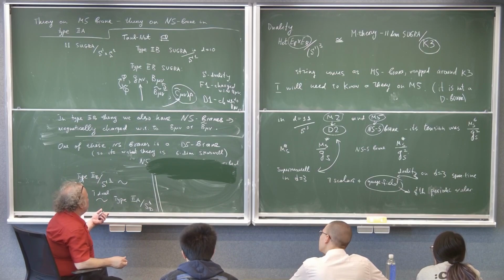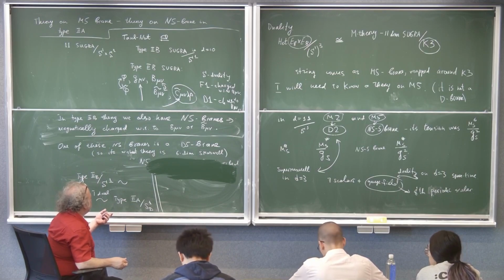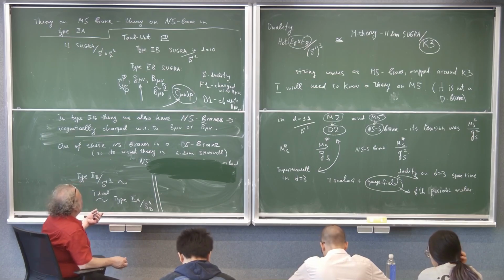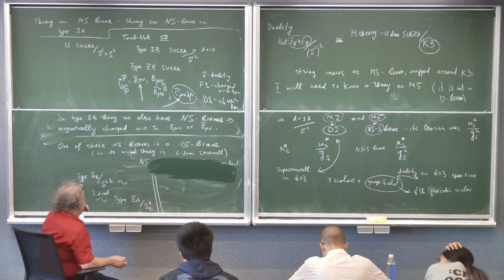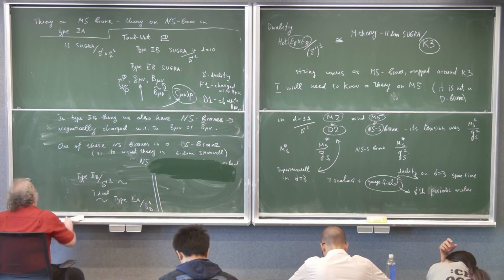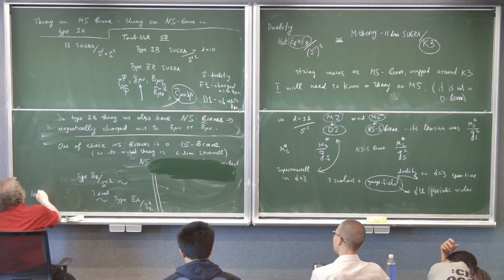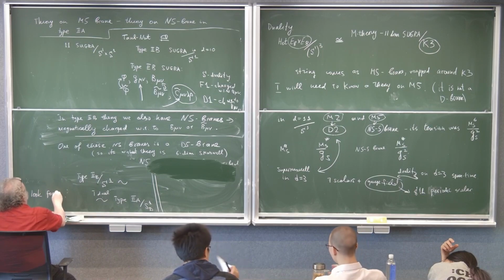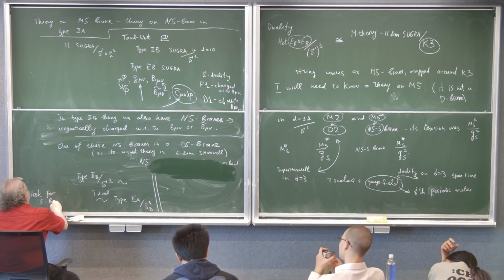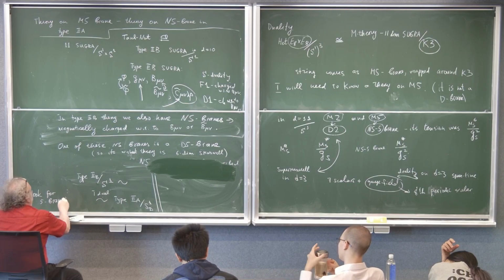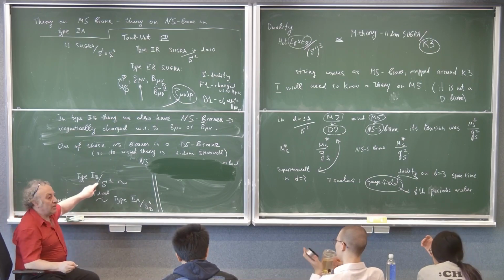So this explains the strategy that I'm going to use. I would like to look for NS5 branes that I have here and here.